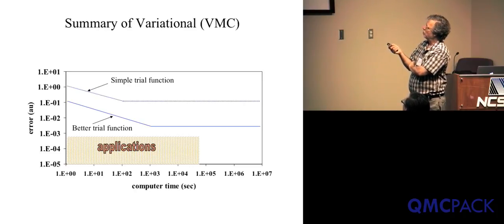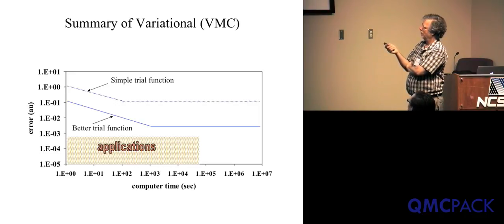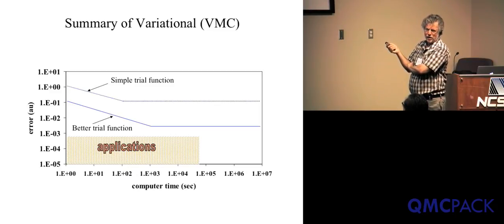So you take a simple trial wave function and you run it longer, and your error decreases as the square root of computer time. But eventually it's useless because you're just looking at the systematic error in your trial wave function.